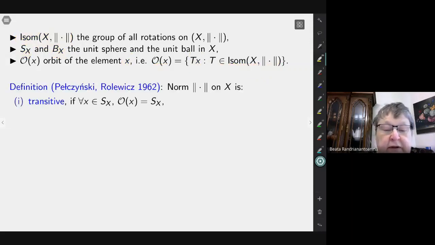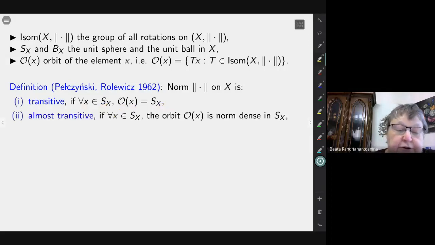So, definition: the norm is transitive if for all x, every other point of the sphere can be obtained as an image of some isometry, meaning the orbit is everything. And then they introduced a new definition called almost transitive, which means that the orbit is norm dense.